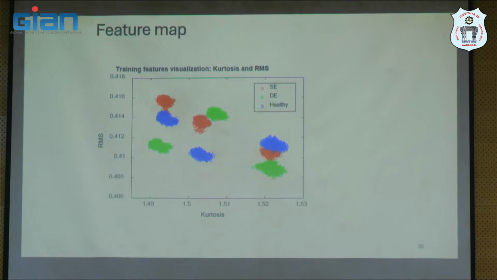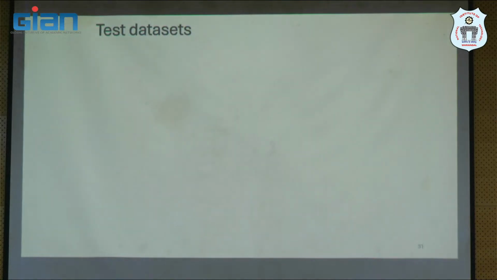Okay. So then I have to do my testing. I chose healthy, 20% static, 40% static, 20% dynamic, 40% dynamic. These are the different operating conditions for which I collected data. I extracted features just like I did for the training data set, kurtosis and RMS, normalized with respect to zero mean.